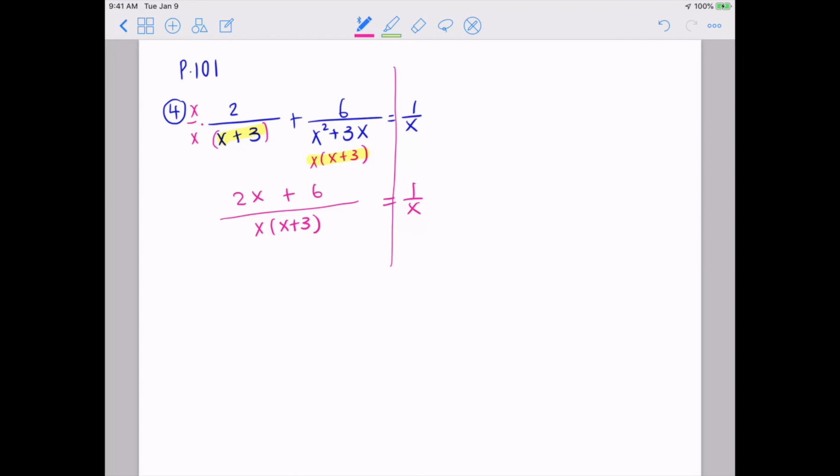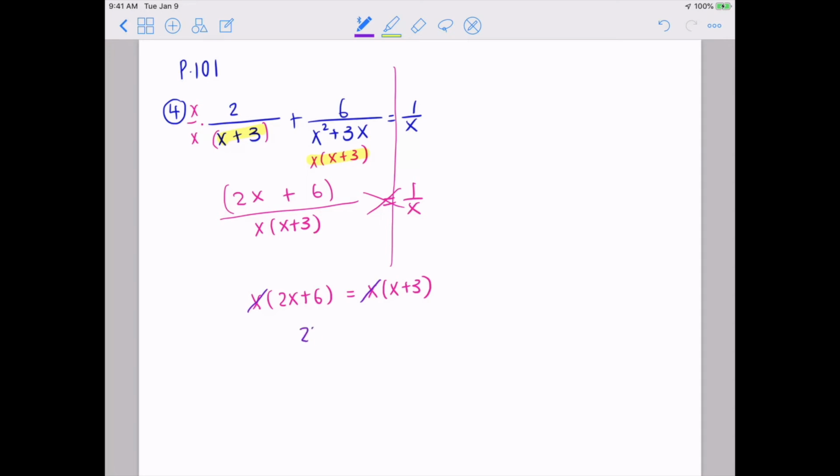Okay, let's cross multiply. We get x times 2x plus 6 equals x times x plus 3. Okay, so these x's, we can cross them out.